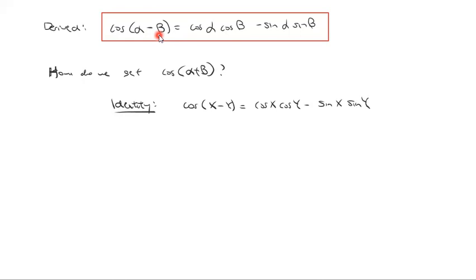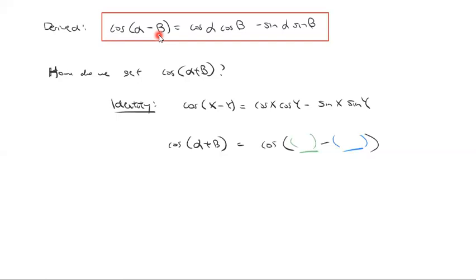So if I want to work out cosine of alpha plus beta, could I perhaps write it as cosine of something minus something? Or in other words, what would be the result of alpha plus beta?